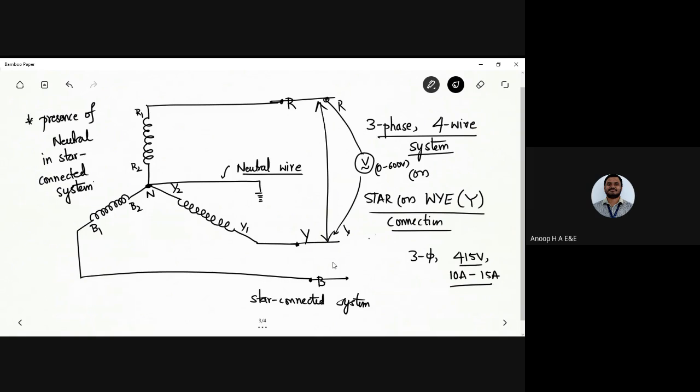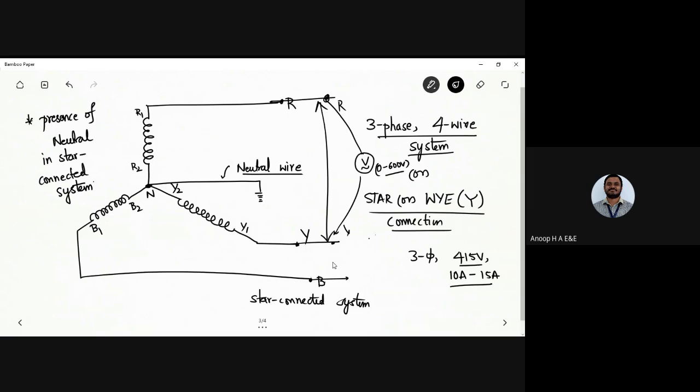So 415 volts in the market will use a 0 to 600 volt AC voltmeter. If the voltmeter is used to measure the voltage across any two lines, that voltage will be termed the line voltage.